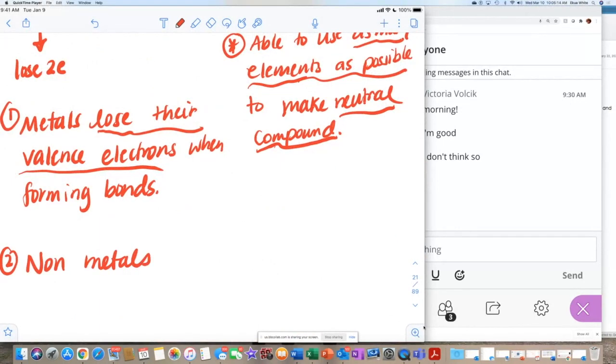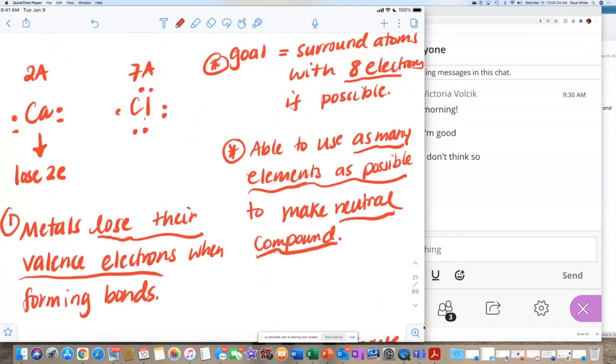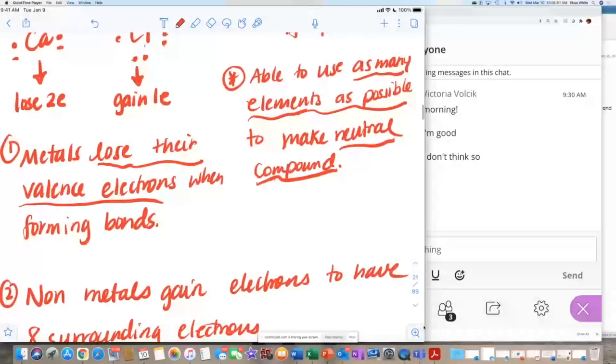Nonmetals gain electrons when possible to have a surrounding octet of electrons. On my elemental symbol, chlorine has 1, 2, 3, 4, 5, 6, 7. Ooh, it just needs 1 to get to 8, right? So the future we see for chlorine is it will gain 1 electron, based on these recalled properties of metals and nonmetals.